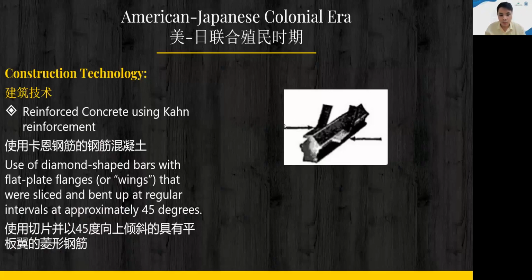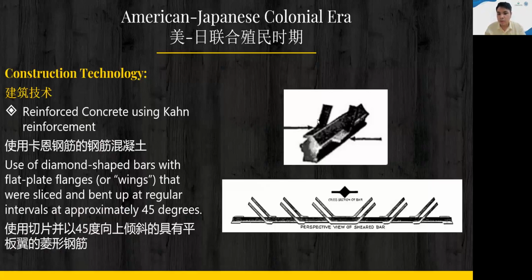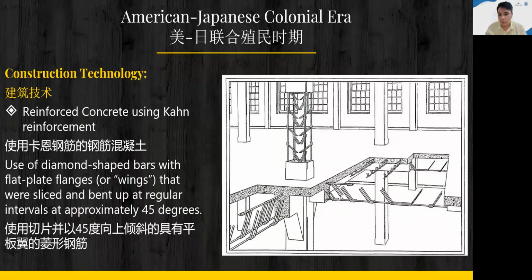Essentially, the main difference from the normal reinforcement is that it is in diamond shape compared to what we are familiar with nowadays, which is a circular rebar with a rib. These diamond-shaped bars with flat plate flanges were used for concrete structural members such as slabs, beams, and columns.